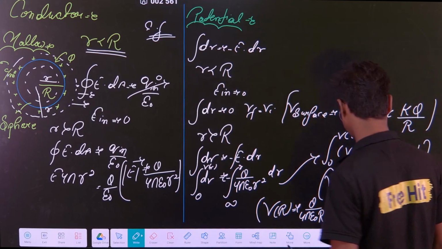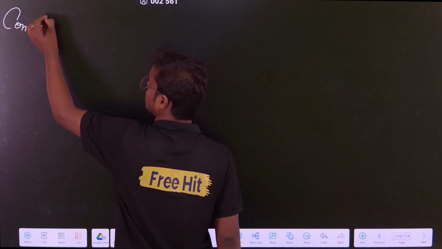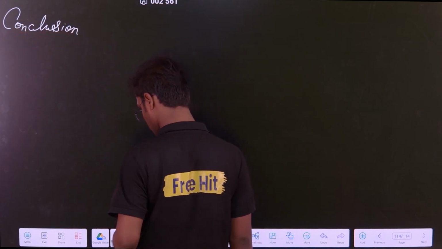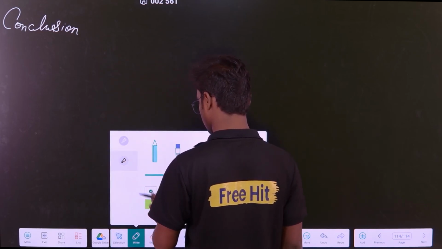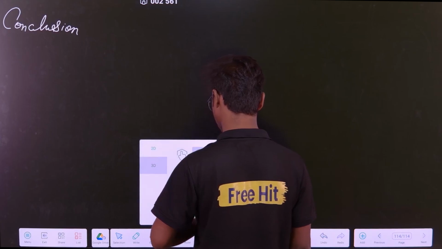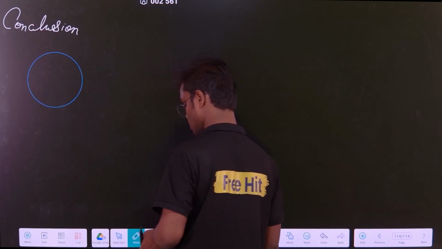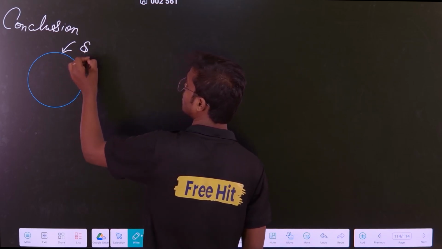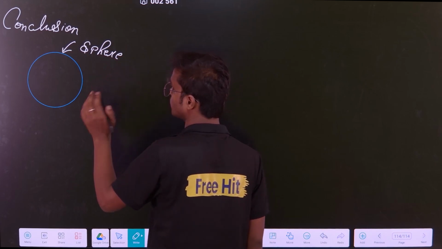Basically, what is the conclusion you have to draw? The conclusion is very simple. You have to remember this along with the derivation, because I will tell you why the derivation is important when I give you a question. Suppose this is my sphere, and in the conclusion you have to remember, it can be three things.